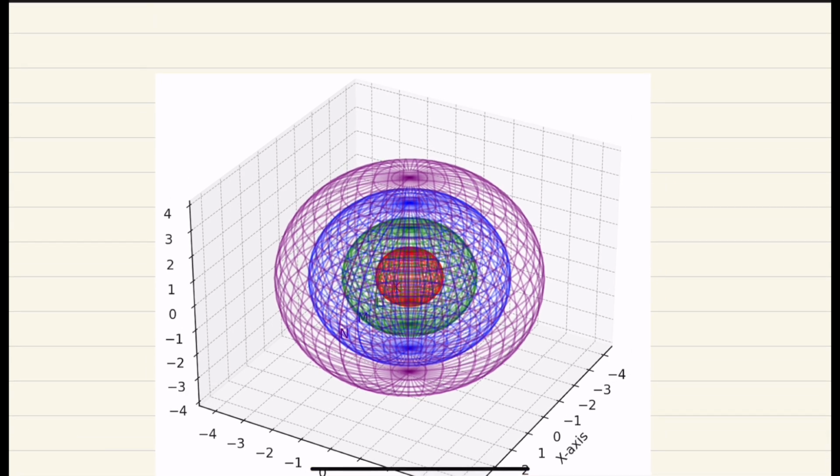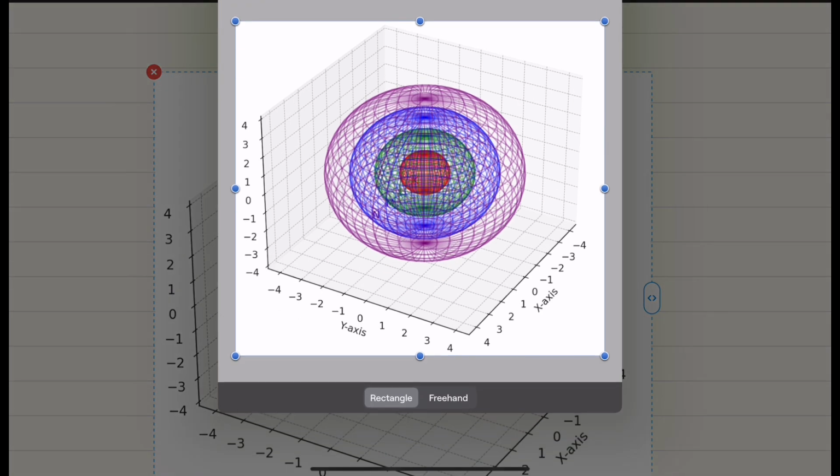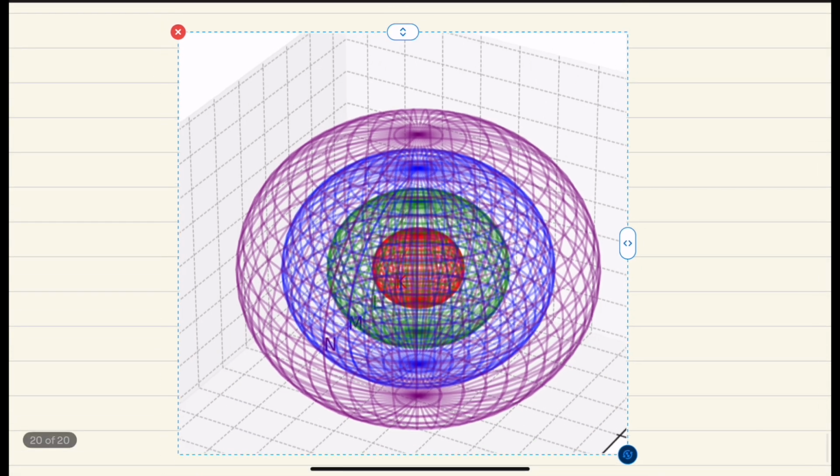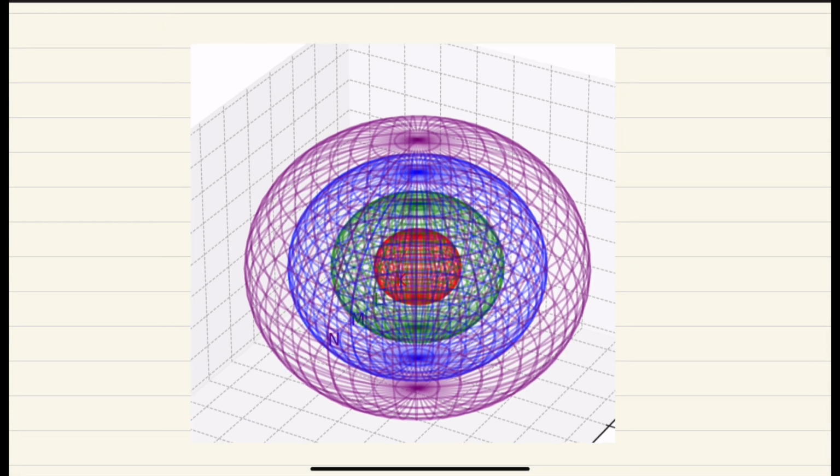In the center of the atom you have the nucleus, and the whole thing is your atom.